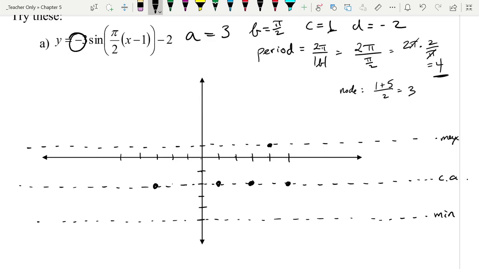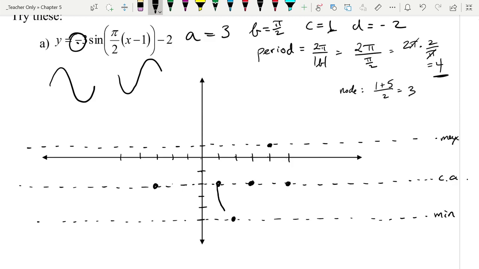We're reflecting it in the x-axis. Normally a sine curve starts by going up and going down, but this negative means that it's going to start by going down and then going up. So we're going to go down, and halfway between 1 and 3 is 2. And there we go.